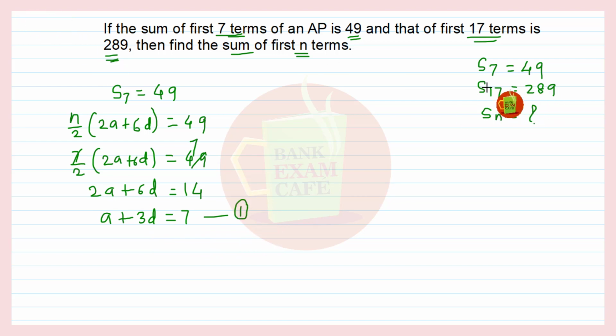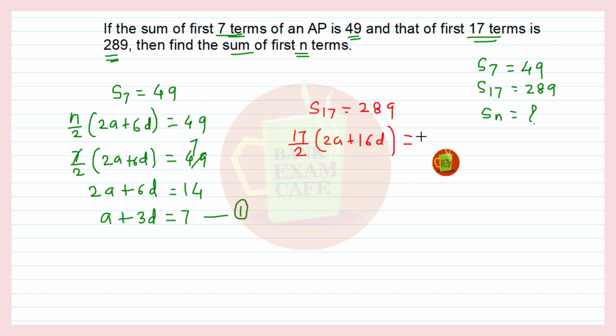Now here I solve this and get the second equation, that is S17, which is equal to 289. So S17, that is n by 2, that is 17 by 2 into bracket 2a plus n minus 1, means 17 minus 1, so 16 into d, and that is equal to 289.